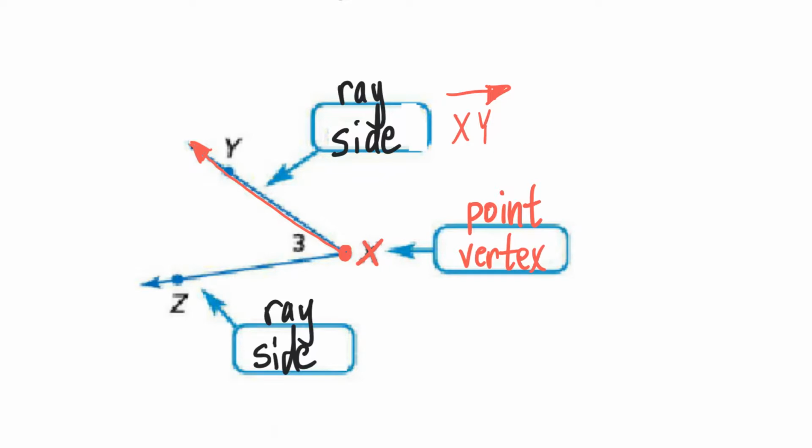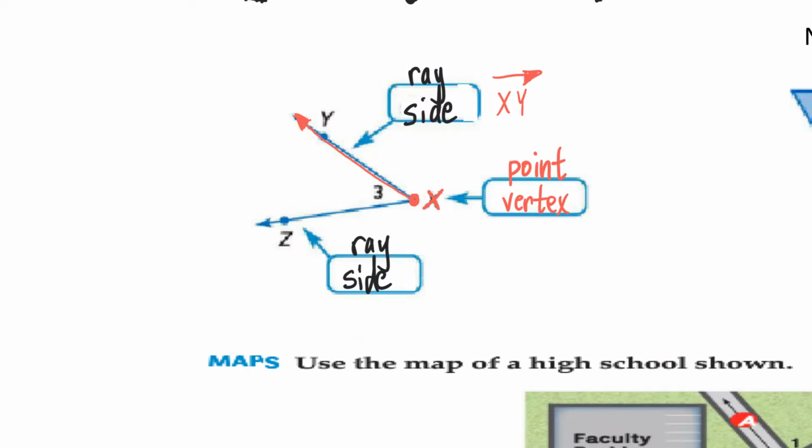Now again, on rays, the order of the letters matters. So you've got to put that endpoint first. So see how X is the endpoint? Notice how I put it first here, and then the arrow's drawn that way. It starts at X, and then it goes through Y. Okay? Down here on the bottom part, let's name this ray right here. What would I call this ray?